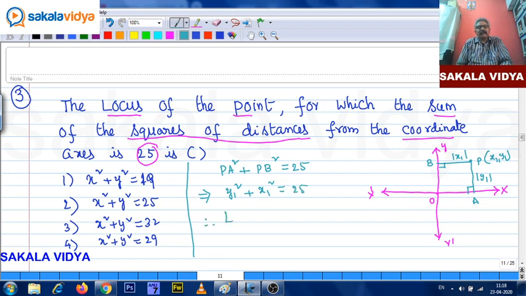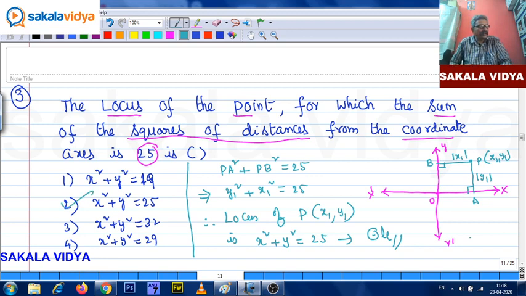Therefore, the locus of P(x1, y1) is, in the place of x1 write x, in the place of y1 write y. So, x square plus y square is equal to 25, which represents a circle. So, the second option is the right option.